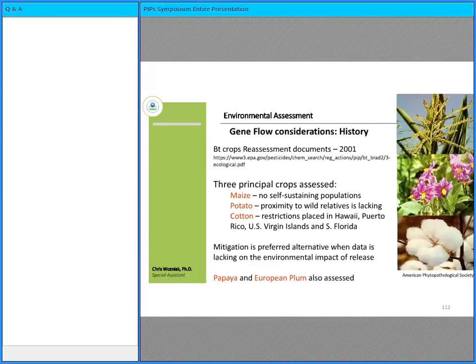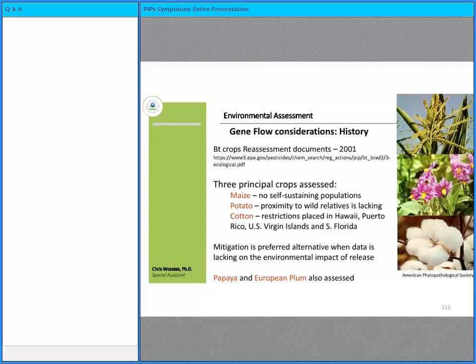I'll talk briefly about what has been done to date in this regard. So in 2001, there was a Bt crops reassessment performed, and the document is available online. The environmental section of that covered the gene flow issues for maize, potato, and cotton, which were the three principal PIPs at that time.